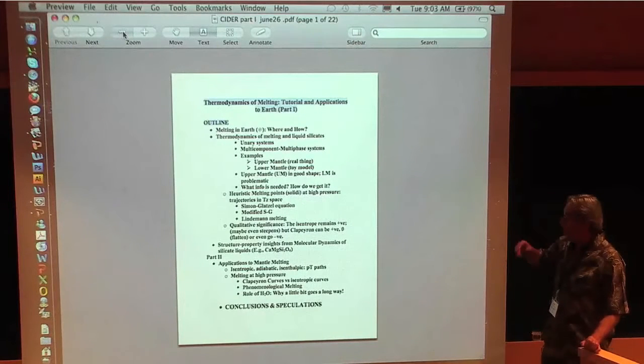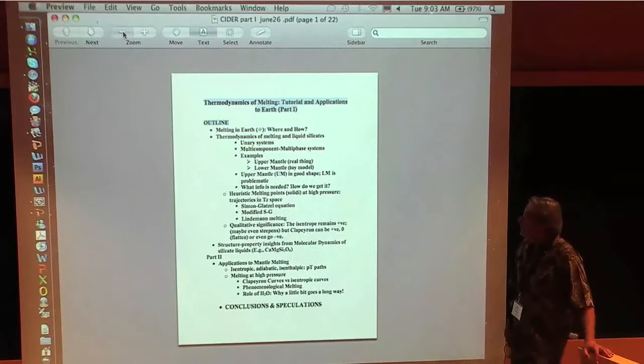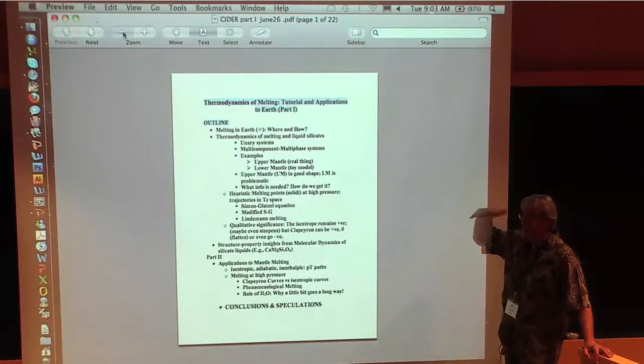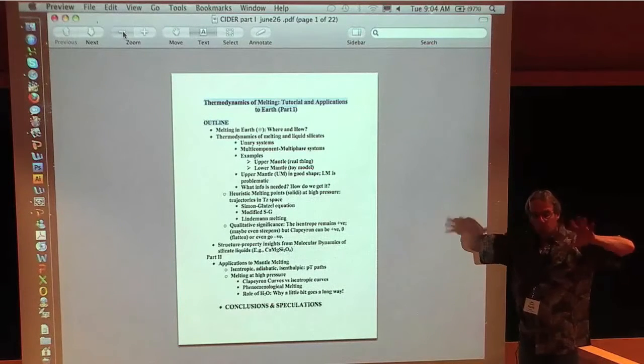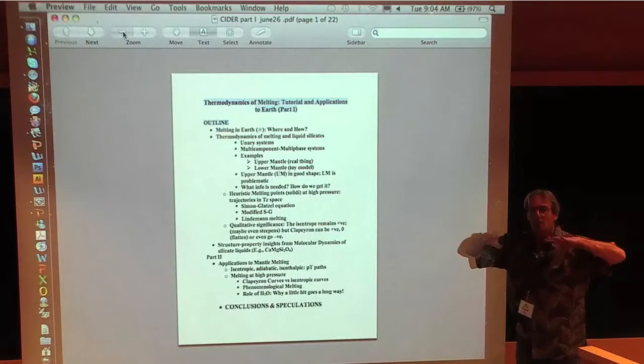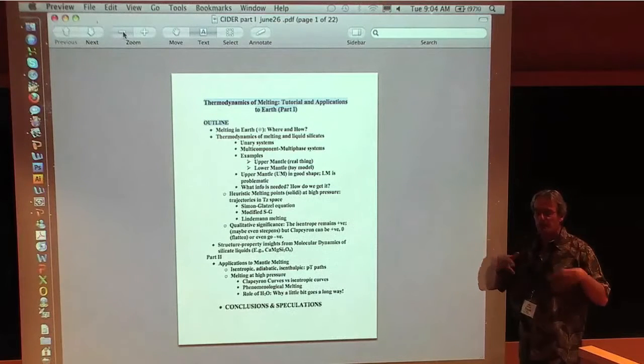So this is a brief outline of what I'm going to do here, and all the notes you should have. Just talk about melting in the Earth, where and how. The bottom line is we know actually quite a bit. We need to know more. Melting in the shallow Earth, say from 0 to 3 GPa, 0 to 200 kilometers: we understand the phase equilibria.